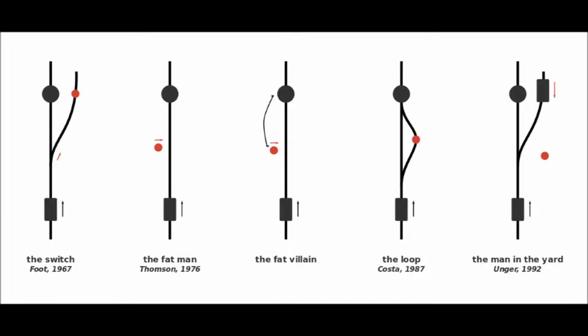So the variation from the first one is pretty obvious. In the first one, you pulled a switch, and you may have chosen to kill one person in order to save 5 by pulling a switch. But in the second one, you actually have to physically push someone onto the track, someone who wasn't already in jeopardy.